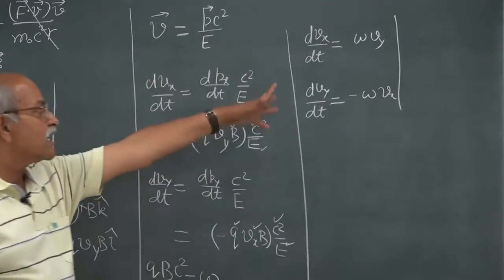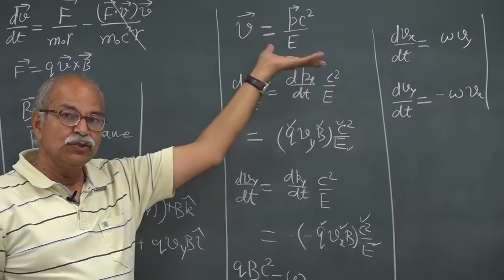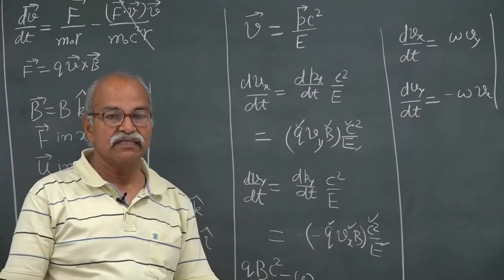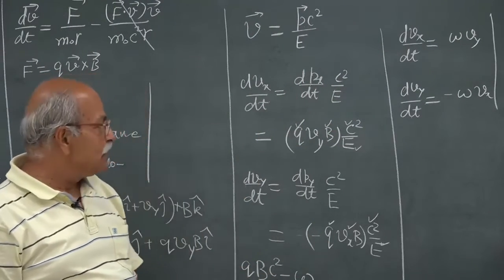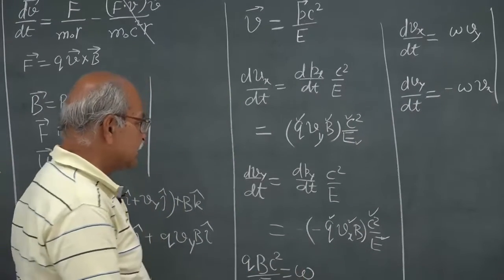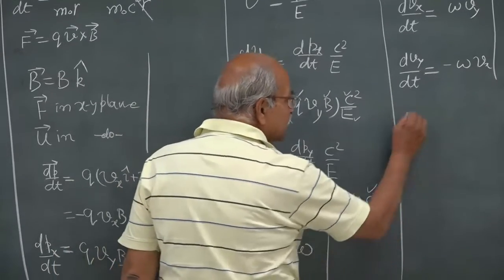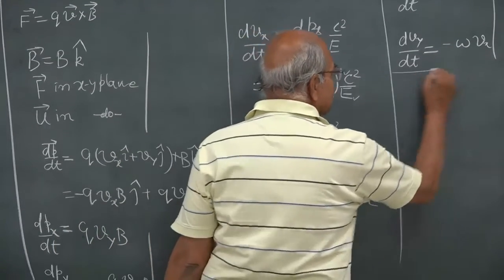Now, these are exactly the same equations which you get in the non-relativistic case. The only difference is that this omega is not qB/m.